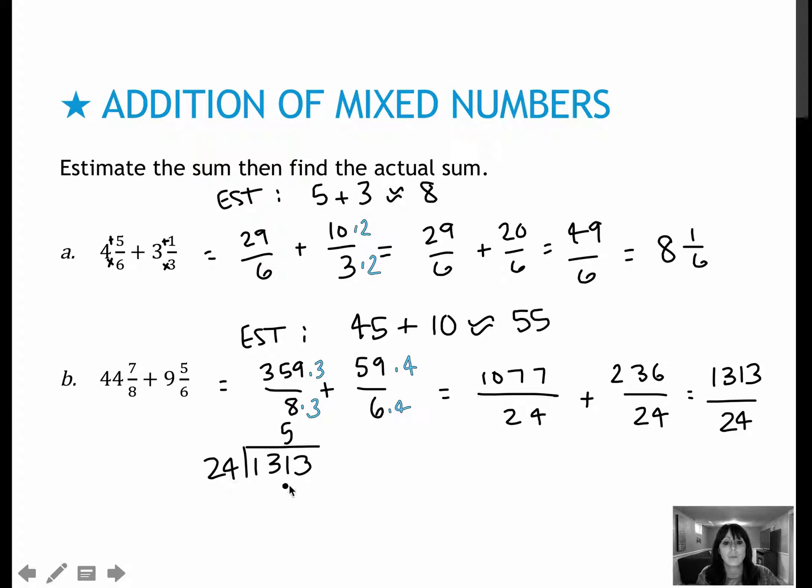So 5 times 24 would give me 120. I would subtract, and then that would be 4 times, so 4 times 24 is 96, and that gives me 17, and so my answer is 54 and 17/24. Big, big number.